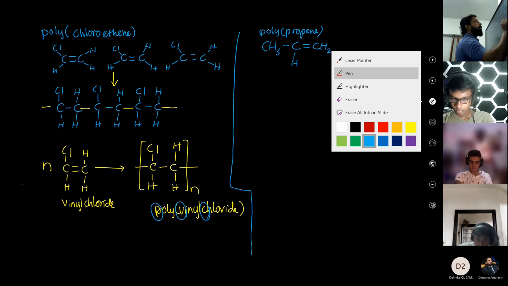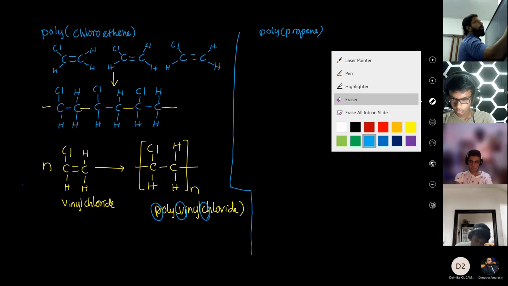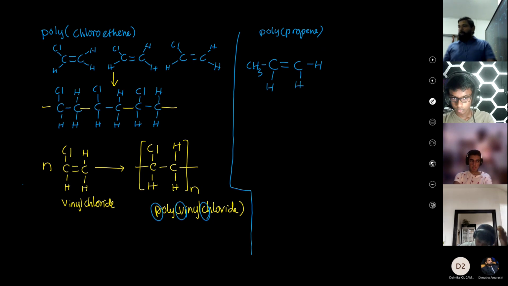I want you to go in the correct direction of drawing this. Let me redraw the propane molecule. I don't like the way that I drew it. This is the propane molecule I'm redrawing. Can we draw it vertically? You can draw it whatever way, that's okay. You can decide.